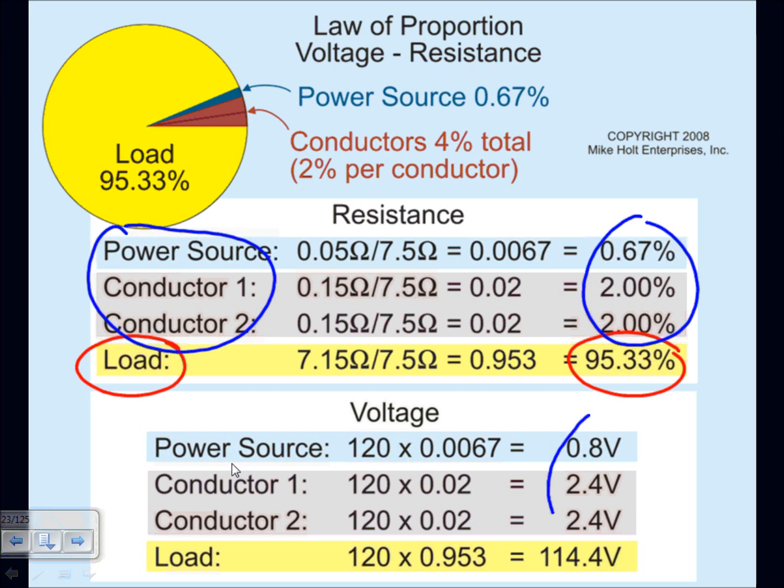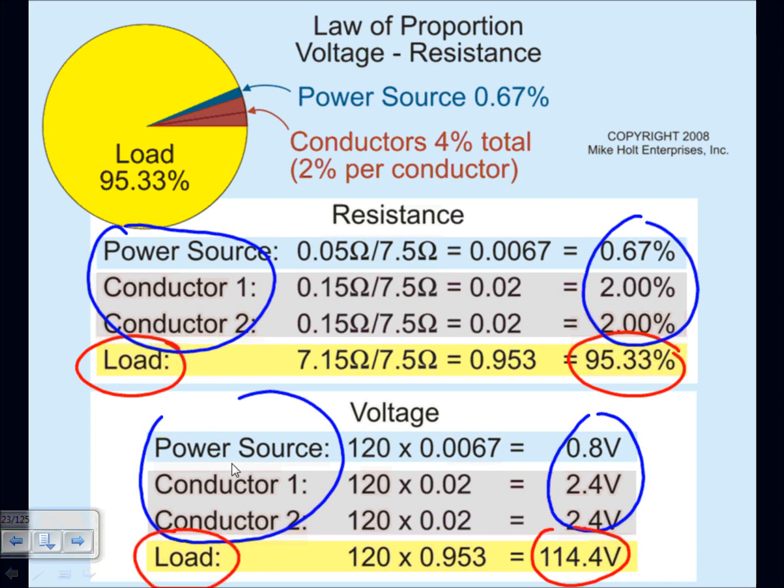Again, look at this, guys: all the power generation and transmission compared to the load. You want the voltage across the source and in the conductor to be very limited compared to the voltage that's going to reach the load. Here's my load, guys, and this is my source.